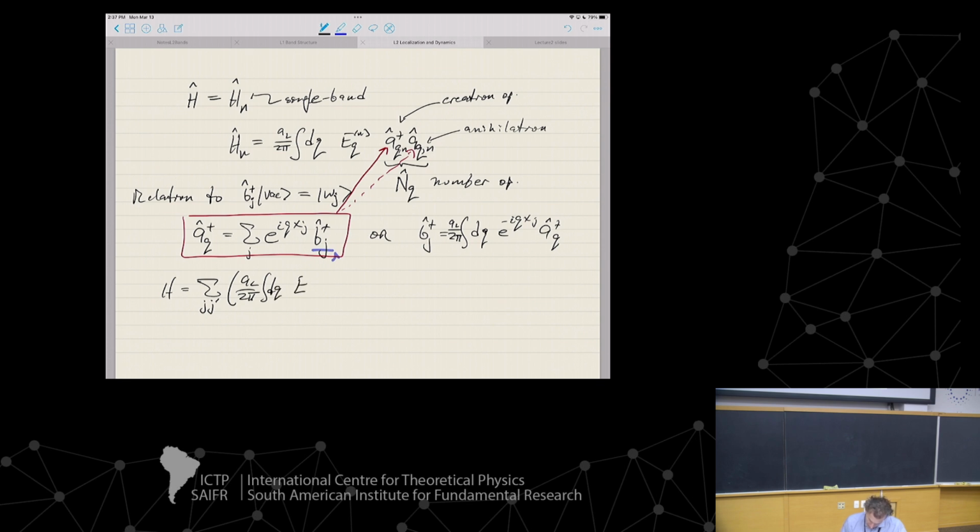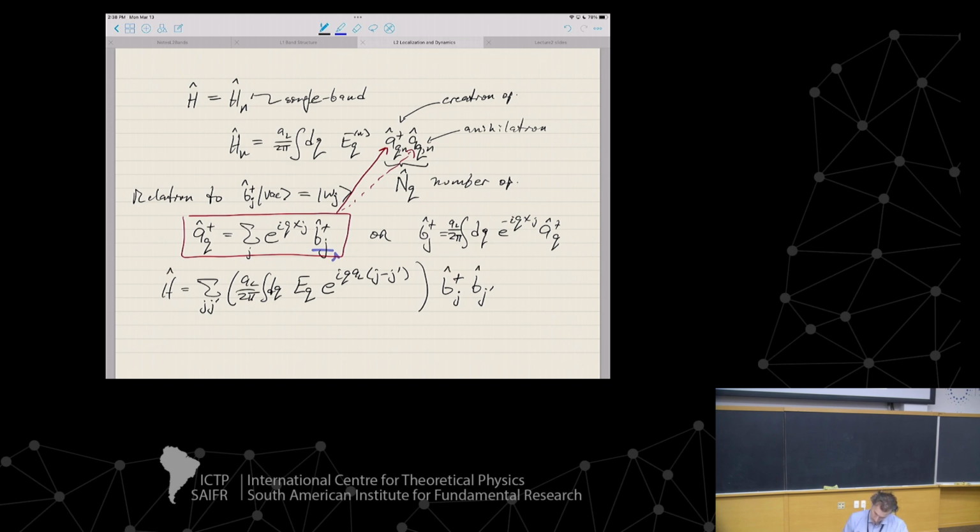Now I'm going to integrate the energy, and I have these phase factors that come in.